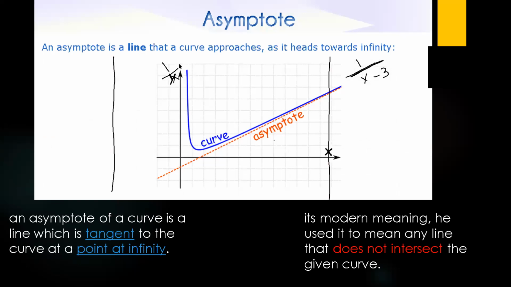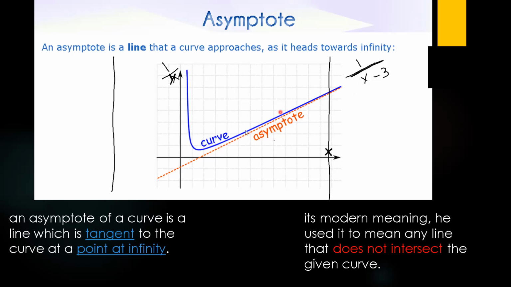What is the asymptote? It is a line that a curve approaches as it heads towards infinity. That means the curve doesn't intersect it, doesn't touch it. This is my curve in the blue line here.